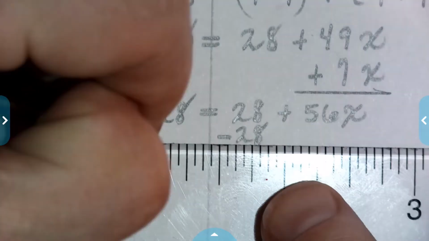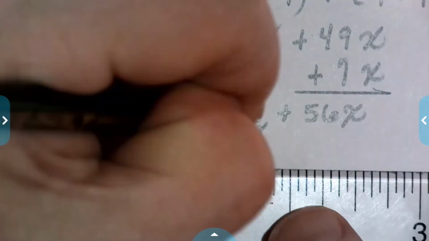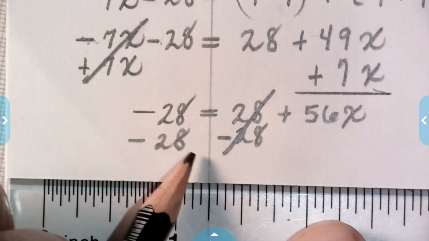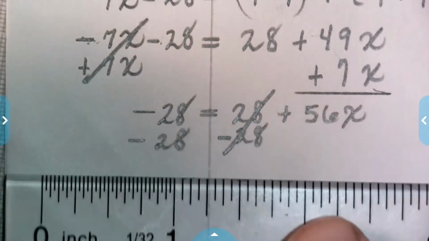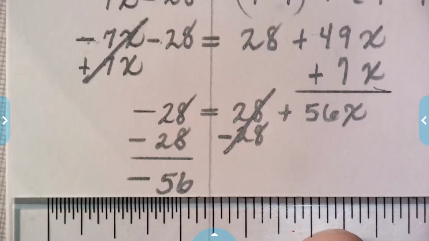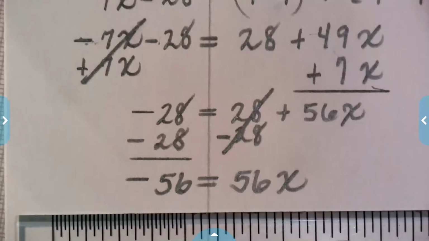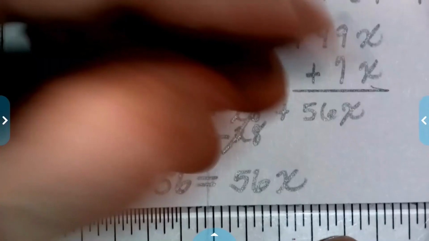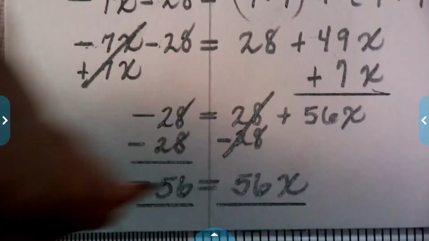Now we're going to subtract 28. Cancels right there, but here you have two negatives. So you've got 28 plus 28 is 56, but it's negative. Okay, so it's negative 56 equals 56x. Okay, so what I'm going to do now is to get x by itself, I'll just divide both sides by 56.